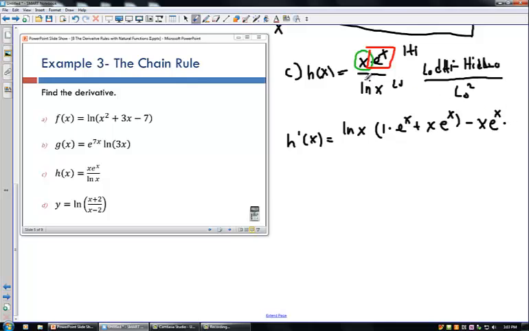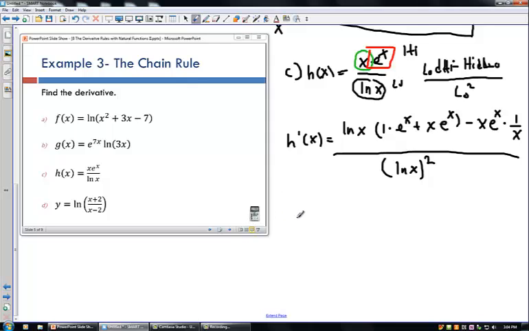Now, the derivative of my low function is this ln of x, and its derivative is just 1 over x. That's the new rule we learned today. And then this is all divided by low squared, so ln of x quantity squared.